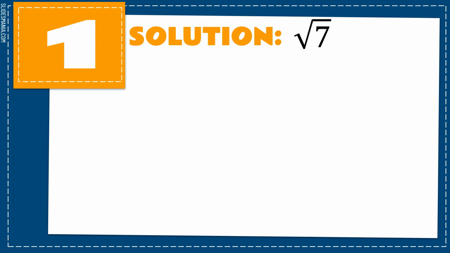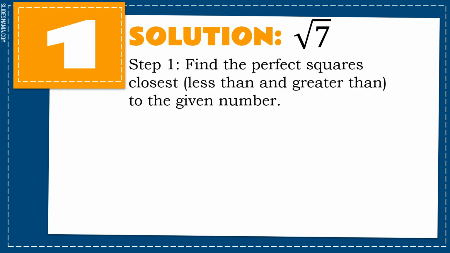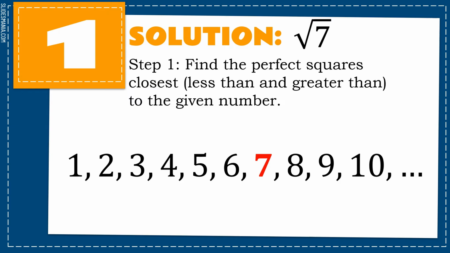Let us have first square root of 7. So for step 1, find the perfect squares closest to the given number. The given number is 7. Since 7 is not a perfect square, we need to find two perfect squares that is closest to 7.